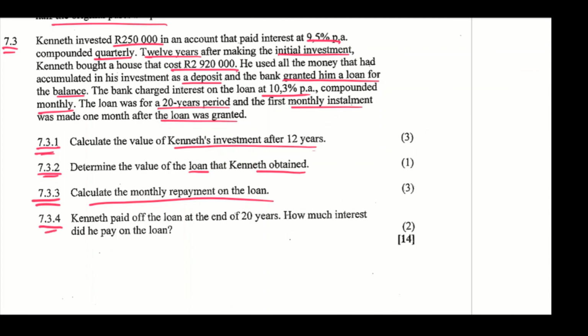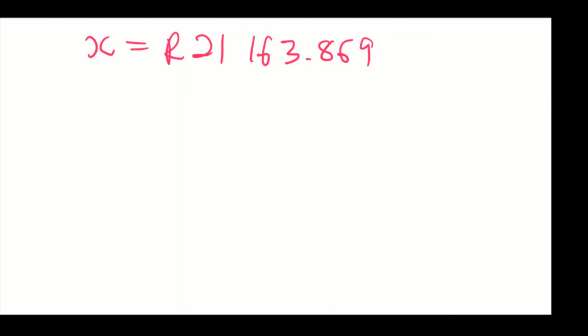So 7.3.4, Kenneth paid off the loan at the end of 20 years. How much interest did he pay on the loan? So remember that the monthly installments of the loan were 21,163.869. So let's first find how much he will pay for the entire 20 years.